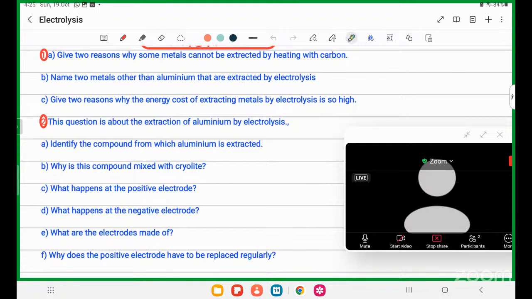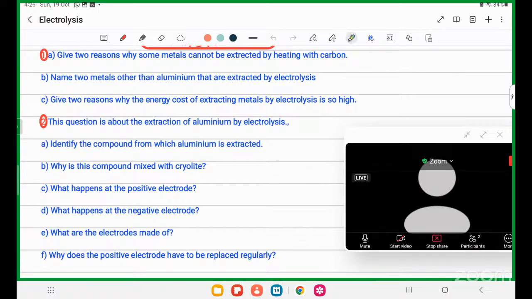Question two. This question is about the extraction of aluminum by electrolysis. Identify the compound from which aluminum is extracted. What compound is that? Al2O3.